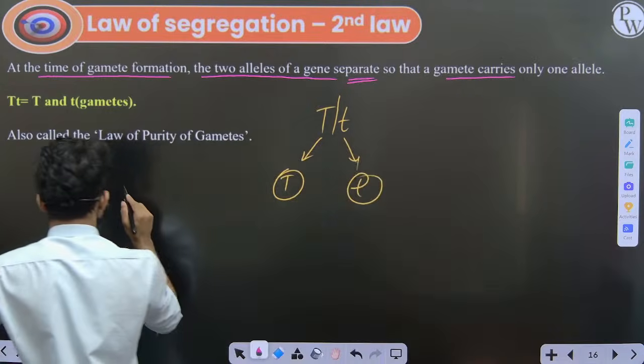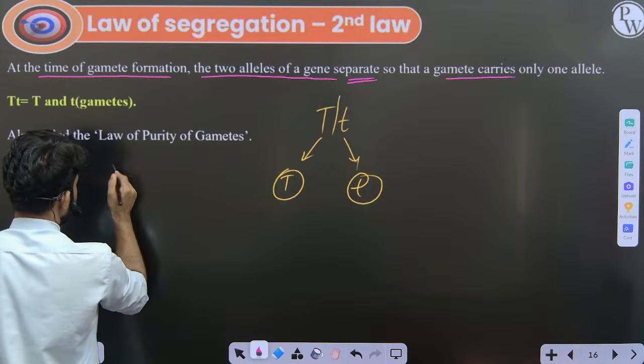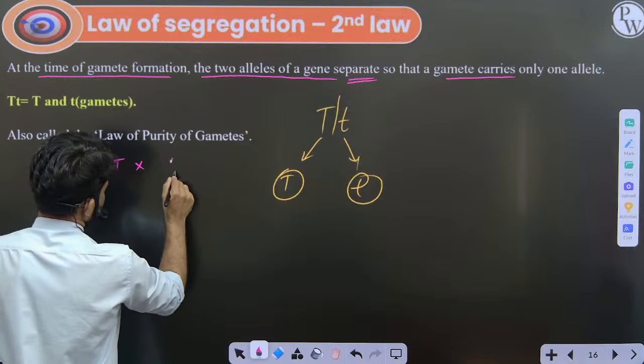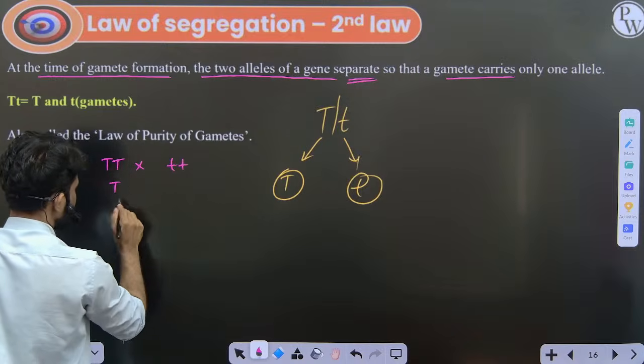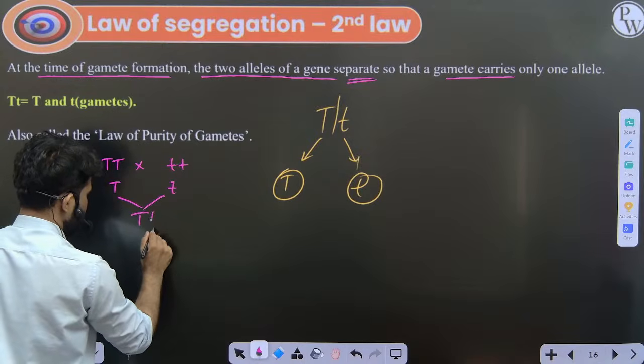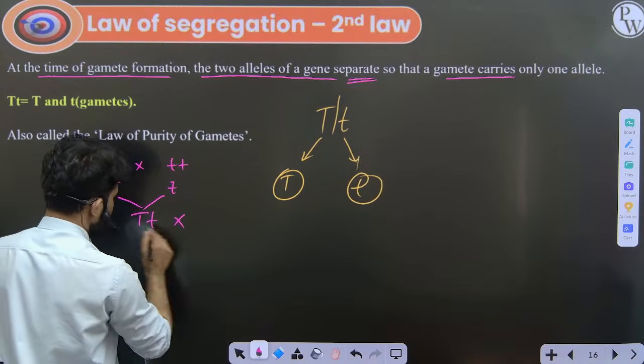So again, take an example of the same thing. Again, one more picture. Yes, so it is the parent, and the gamete has one allele, right?